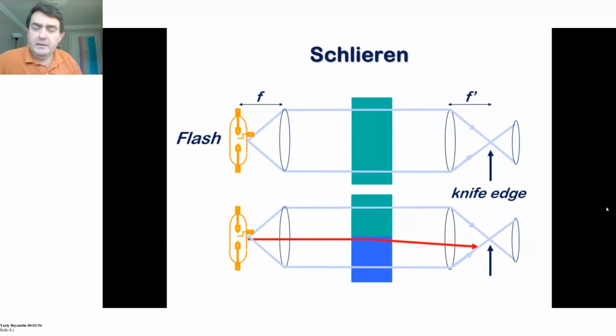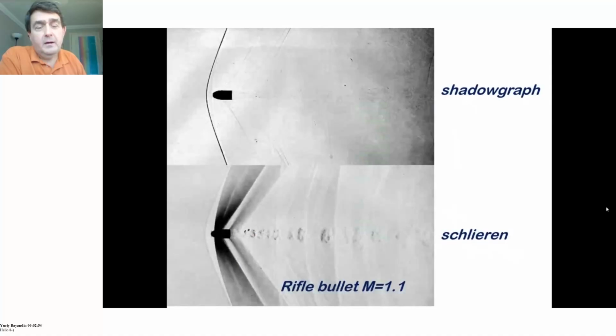And we have a couple of images to compare here. The first one is a shadowgraph of an experiment, and the lower one is a Schlieren of more or less the same experiment. In the top image with shadowgraph, you can see the big change in the wave. There's a nice black curve showing where the shock front is in the air. And you can see there's a little bit of detail around what's going on in the bullet.